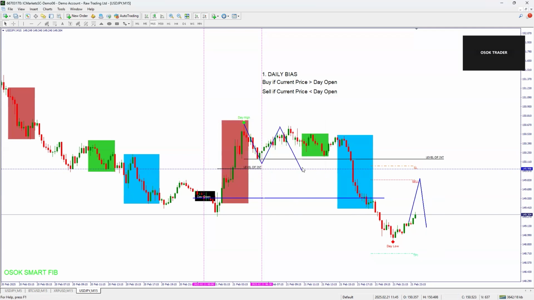So at this current moment, price is pulling from up here to somewhere down here, because it's just below, remember, not above or equal to, below.